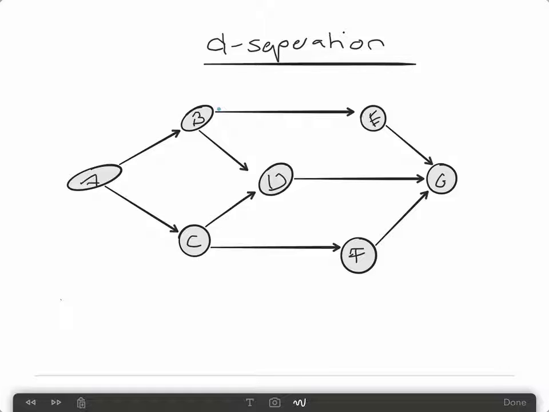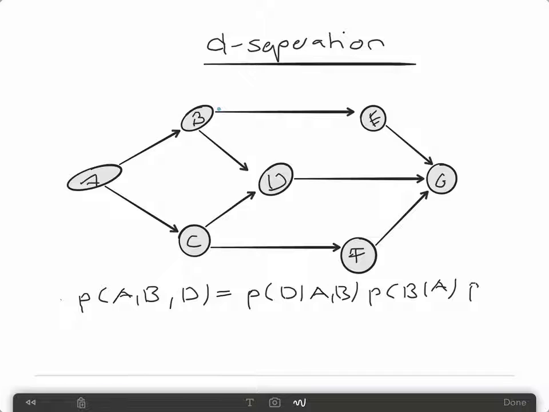The joint distribution P(A, B, C, D), we can rewrite that as P(D given A, B), P(B given A), and P(A). And now this graph tells us that we can cancel out A here because D only depends on B.